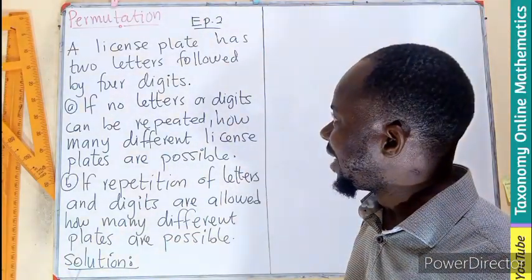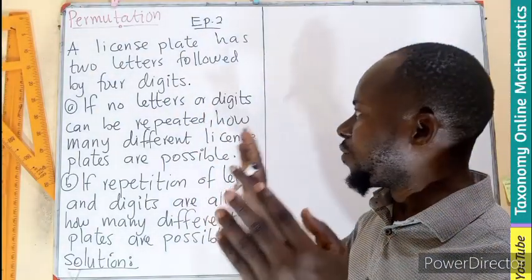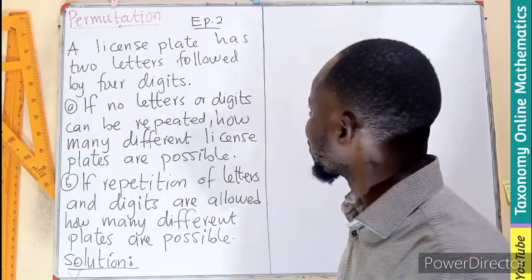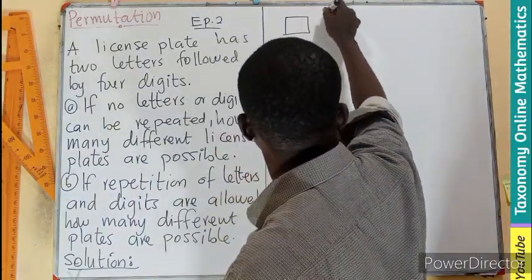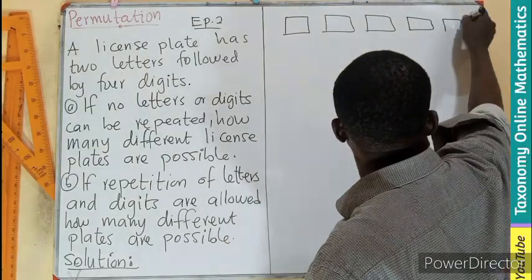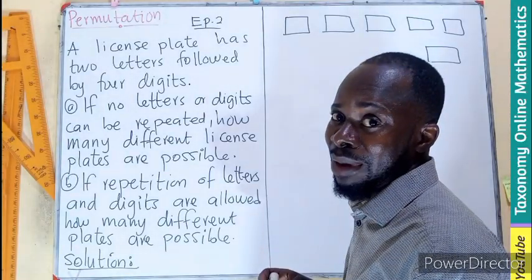So if we are having a license plate which is having two letters, four digits, which means we have what? Six number plates. All right. So if I have a six, right? First, second, third, fourth, fifth, and sixth. So this is what is going to be the number plate.